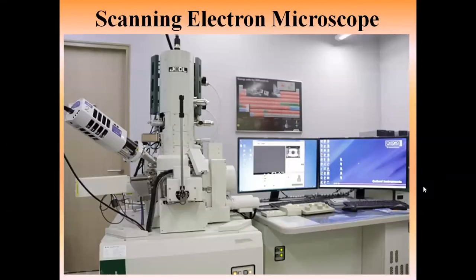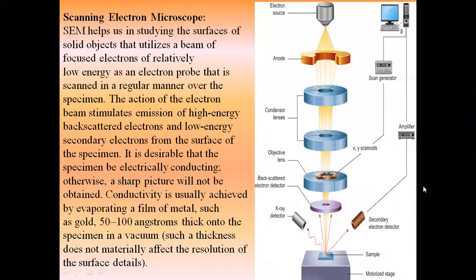So this is your scanning electron microscope, the setup as you can see. When you compare, the sample is at the end. This is where the sample is kept in a scanning electron microscope.